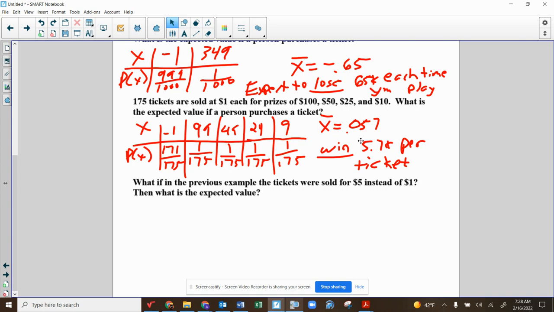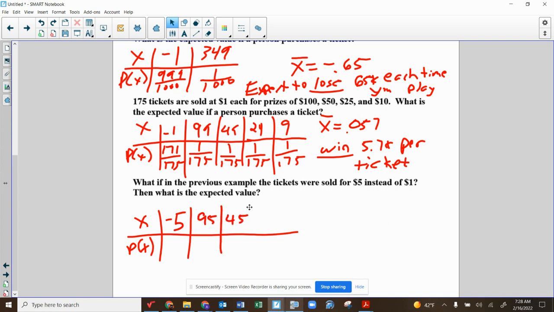What if in the previous example the tickets were sold for $5 instead of $1? All right, if that's the case, still the same numbers. No, I'm sorry, it's not the same values down here. So instead you would have the -5, and now this would be 95, 45, 20, and 5. Still the same. Sorry, that says 171.